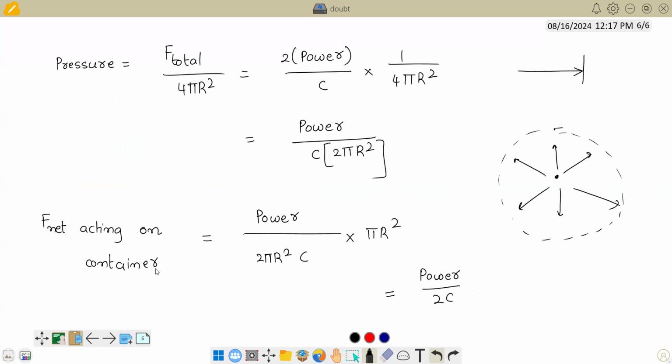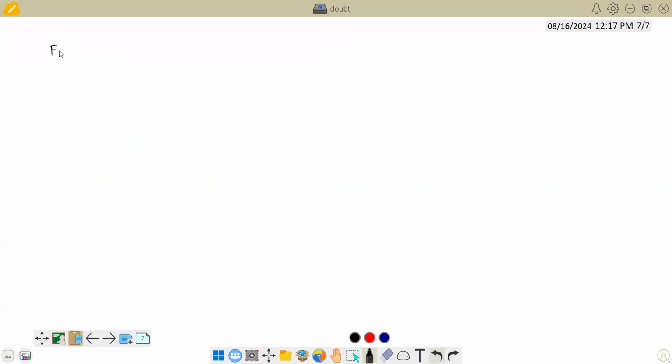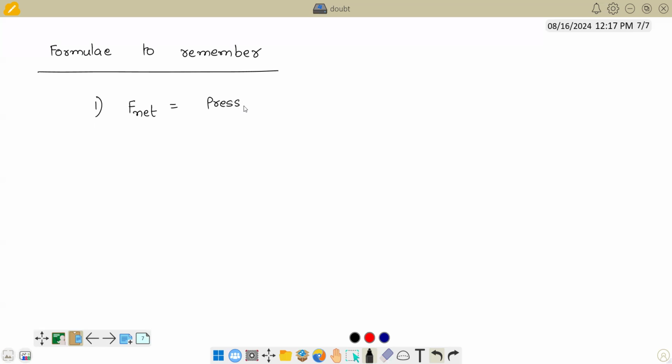So what are the formulas to remember? One would be: the net force acting on any spherical surface would be pressure into projected area. This is important.